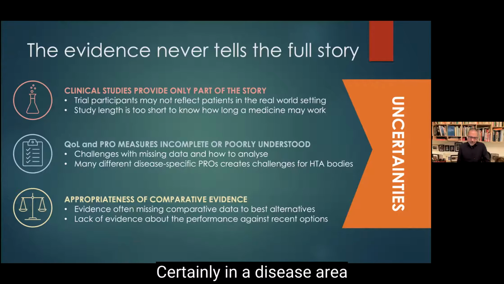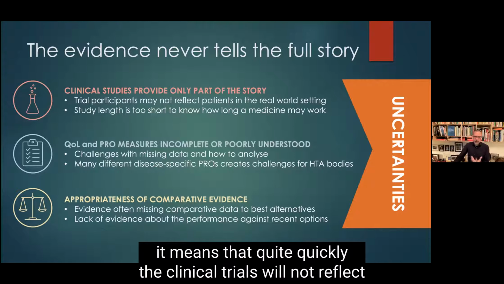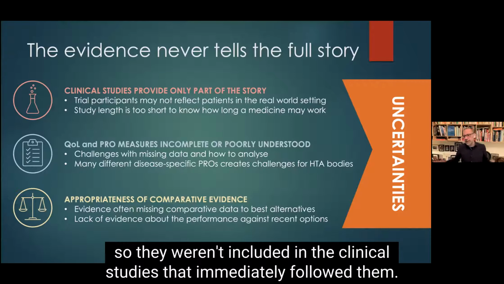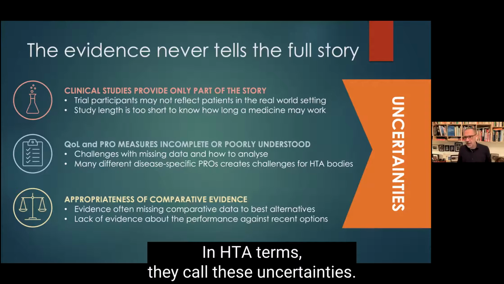And certainly in a disease area where you have a lot of new treatments coming one after another, quite quickly the clinical trials will not reflect the treatments that are currently in use, because they're all too new. They weren't included in the clinical studies that immediately followed them. So you have a lot of problems about how you compare this new treatment to what's currently available. And in HTA terms, they call these uncertainties.